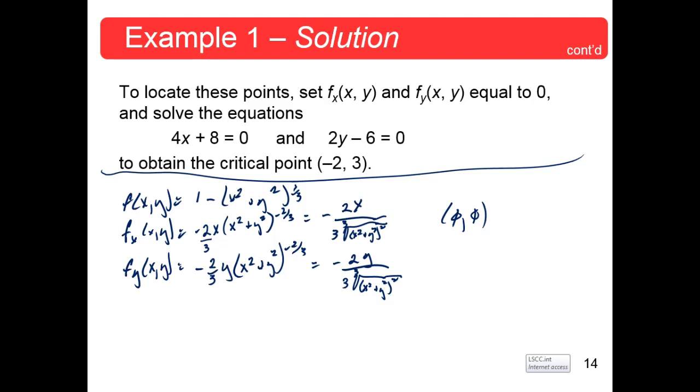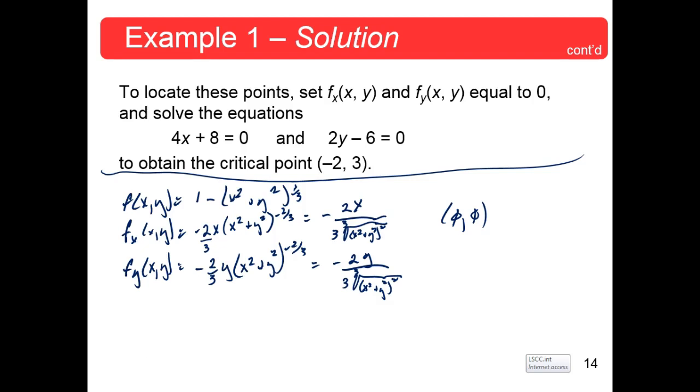Now, if you think about this, think about any point other than 0, 0. Let's just say 1, 0. At 1, 0, this is going to be a -2, and when you square 1, you get 1, square 0, you get 0, cube root of 0, so this is going to be a -2/3.